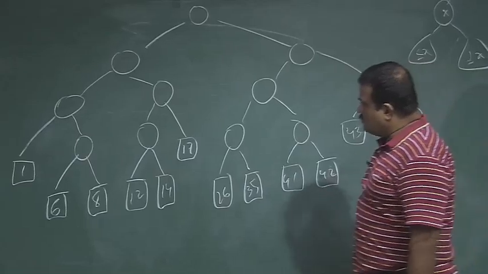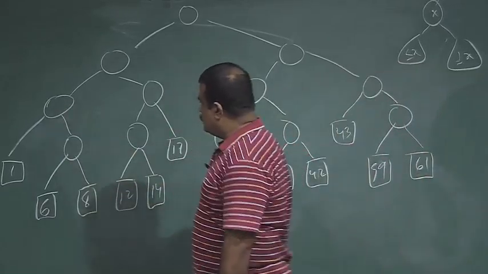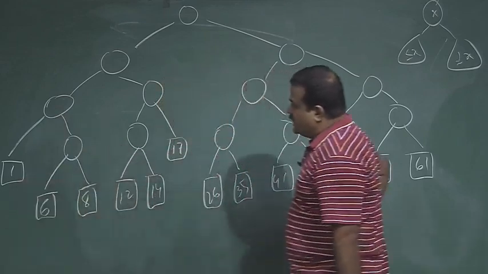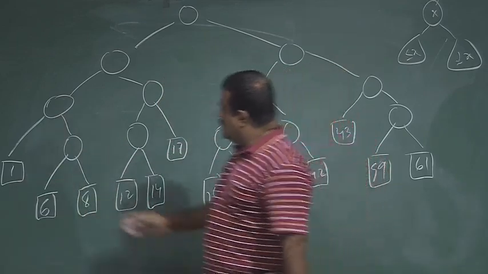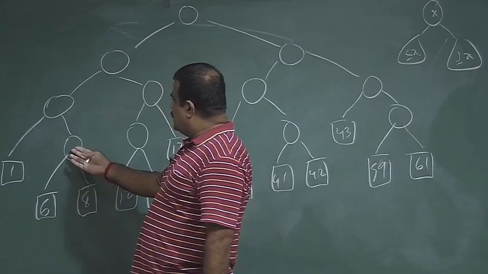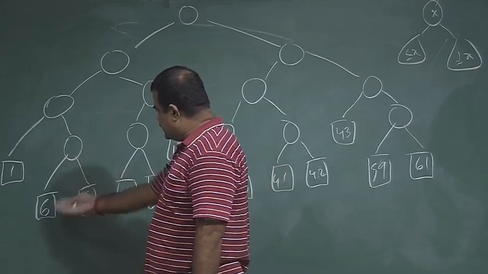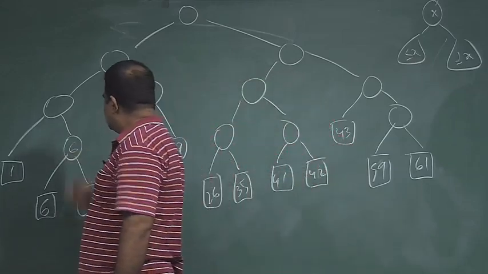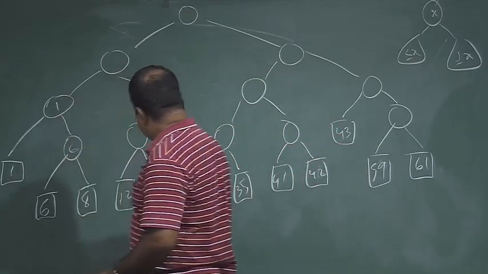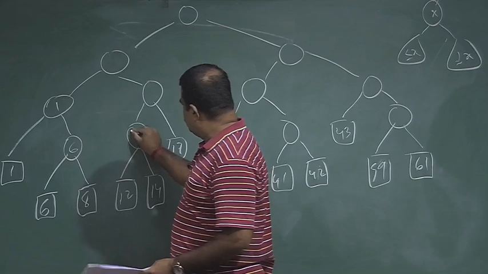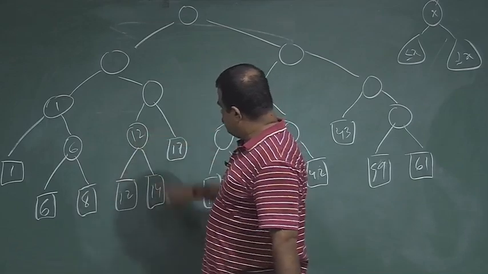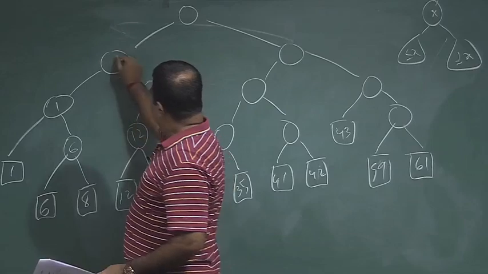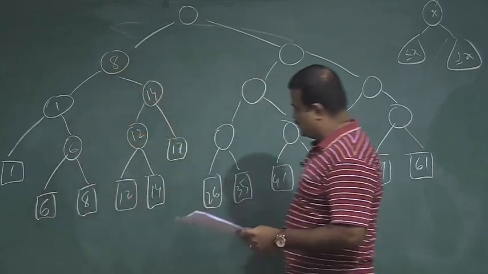So, what values can we put here? We can put any value between 1 and 6. But we want to put the maximum of the left subtree. So this will be 6, this will be 1, this will be 12, this will be 14, and this will be 8, the maximum over the left subtree.